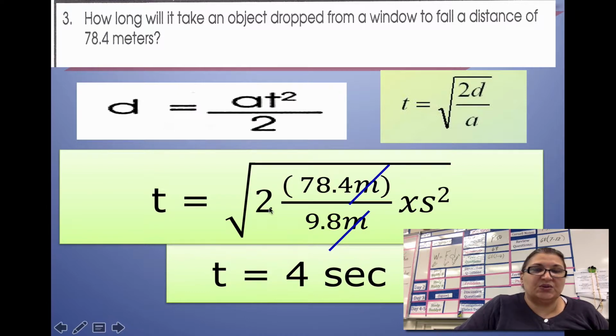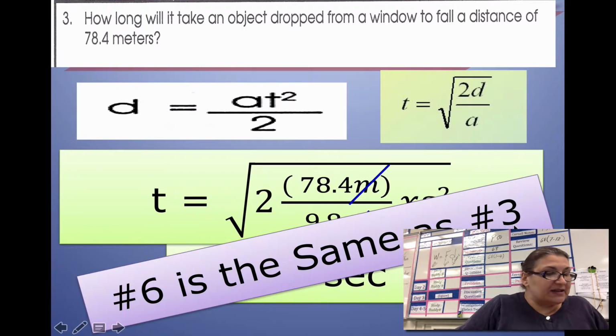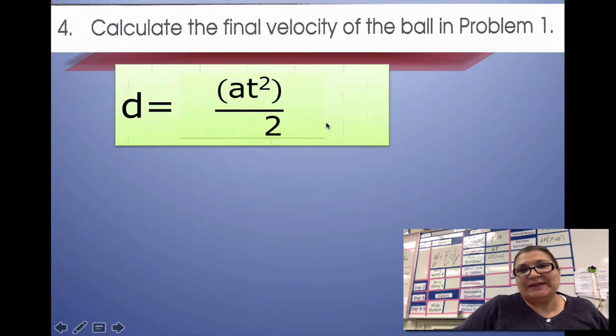So 2 times 78.4 divided by 9.8 is 16, and the square root is 4. That's number 3, and number 6 is exactly the same as number 3. You can pause, write down, review, but I have to just do it quickly.